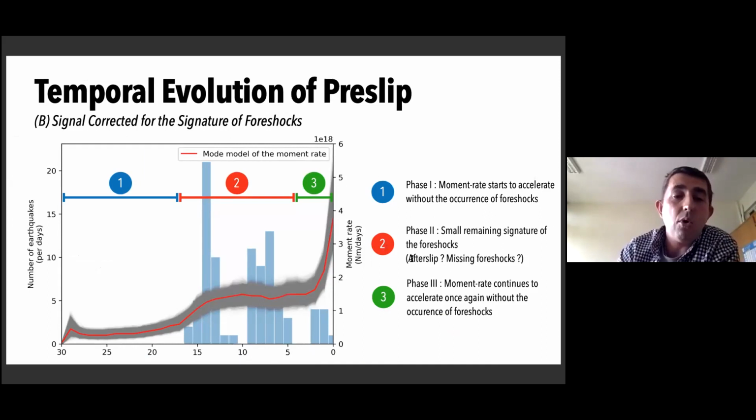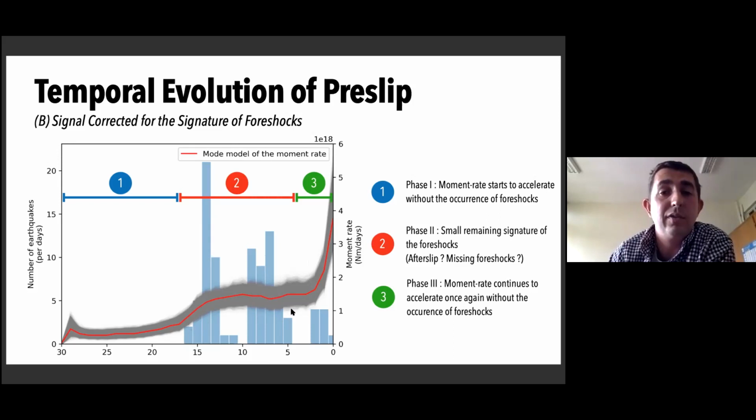We are more in the range where it is very likely, or quite likely, to be afterslip. And then at the very end, you do start to see that increase. Before, it was kind of blurred because of that big bump from the foreshocks, and now you can clearly see that at the end there is quite a large acceleration of slip rate on the fault.